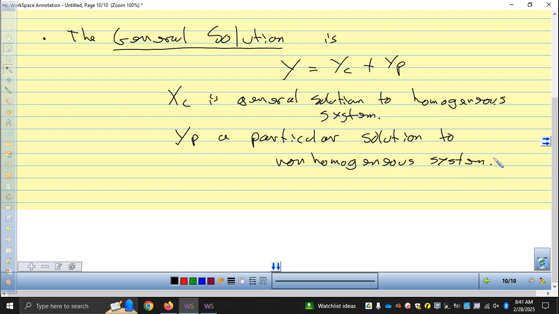So just like before, we form our general solution by adding our complementary solution, this should be y sub c, and a particular solution. So all of these theorems are exactly analogous to the theorems we had for higher order differential equations.